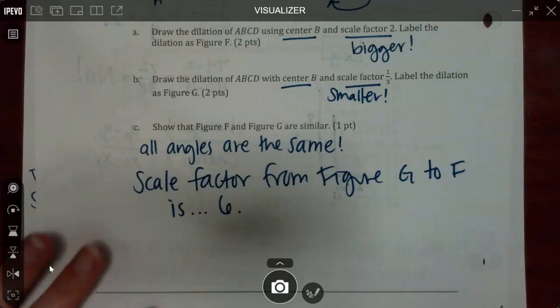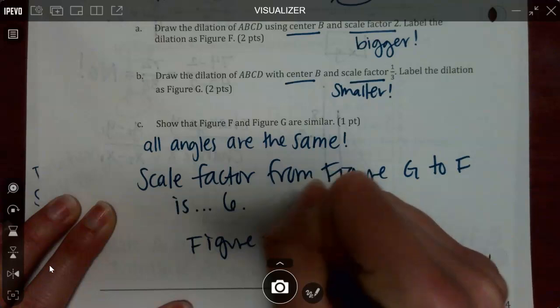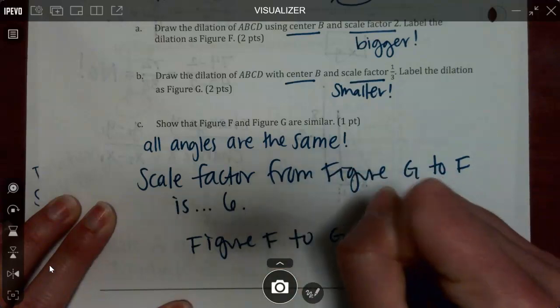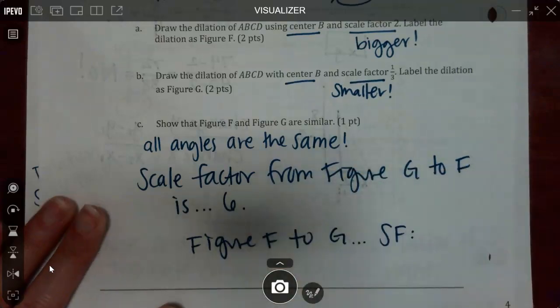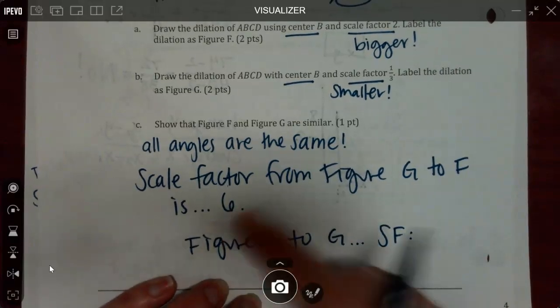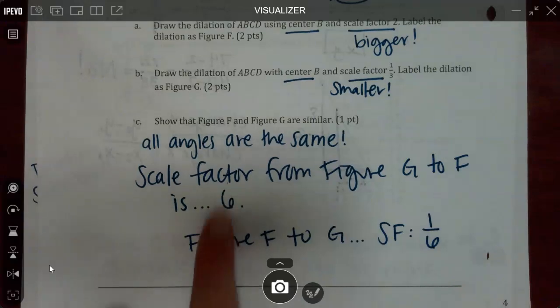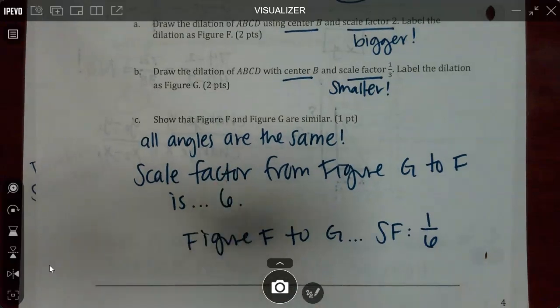If you went the other way, if you said, okay, well, actually, Miss Grew, I did figure F to G, well, what is that scale factor? It's just the reciprocal. So instead of 6, I'm now shrinking it by a 6. So it's going to be 6 times smaller instead of 6 times bigger. So I took either of these to be correct. If you have questions, let me know.